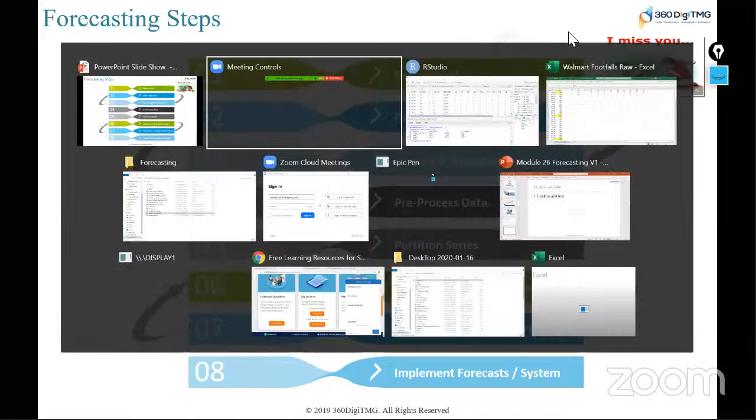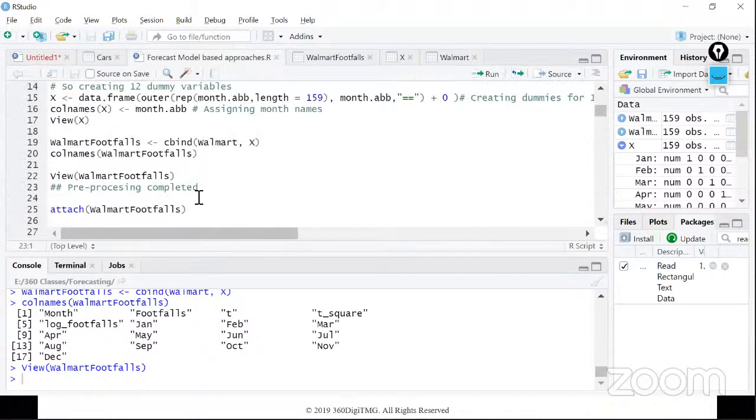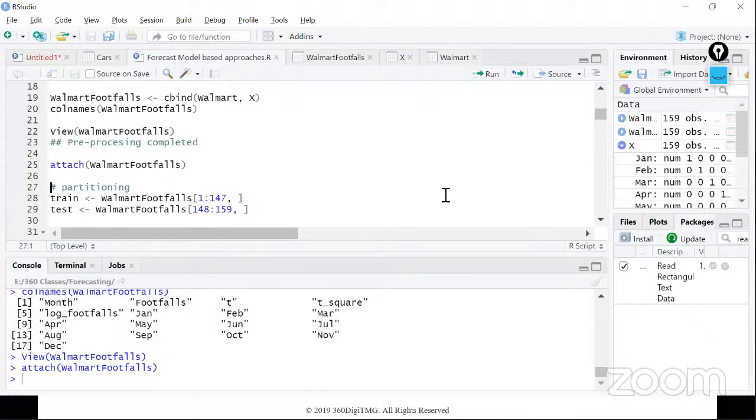So let us go back here. Now I'm going to attach the Walmart data and split the data into train and test. Now 159 records. Obviously, remember I told you it has to be done in series.